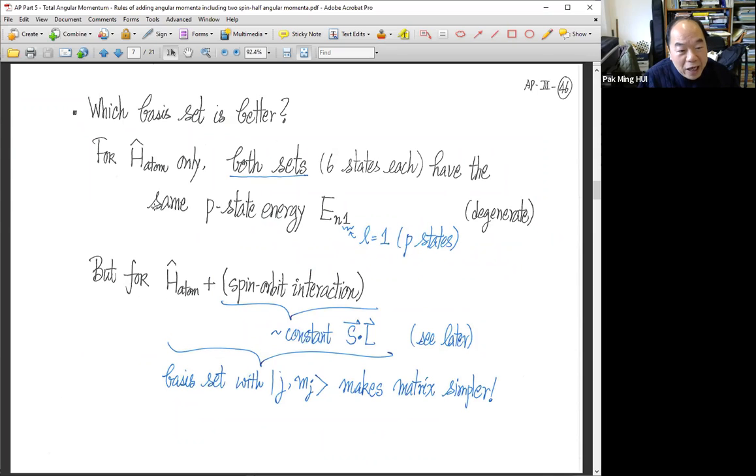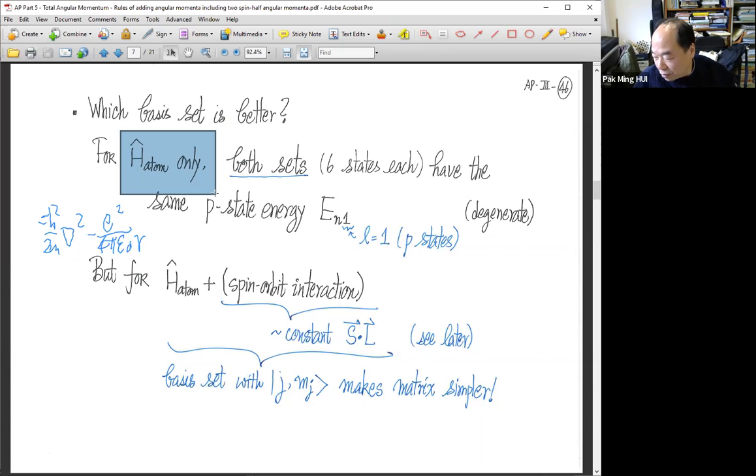If we only have the hydrogen atom Hamiltonian, which I mean is minus h bar squared over 2m nabla squared minus the Coulomb term, okay, so this is your H atom, then both sets are equally good.